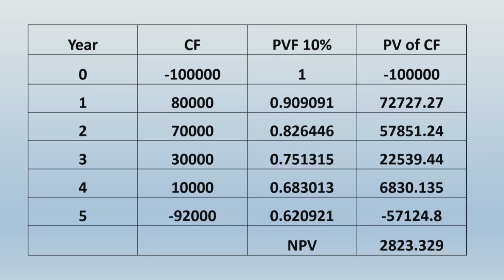Now when we are getting a positive NPV at 10% discounting rate, it definitely would give you indication that IRR of the project is higher than 10%. We will try out and get the IRR of the project which is higher than 10%.